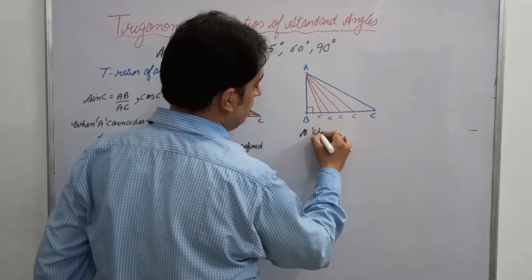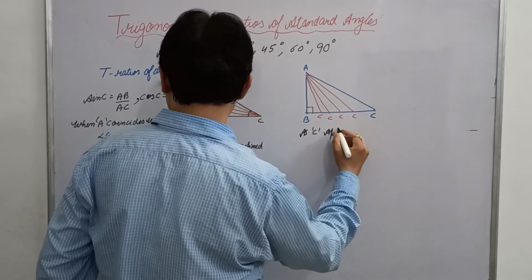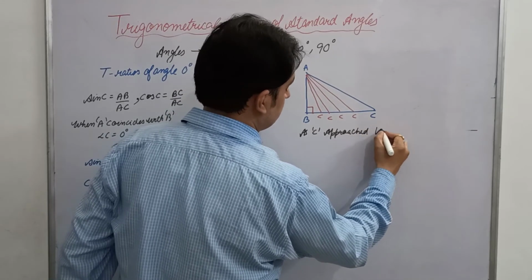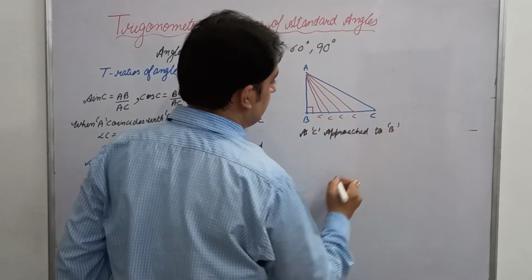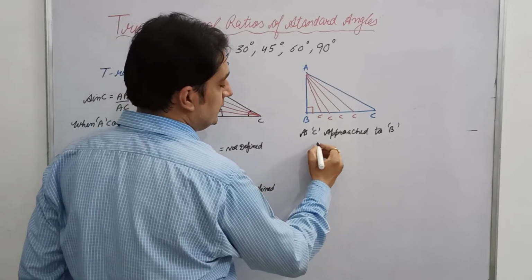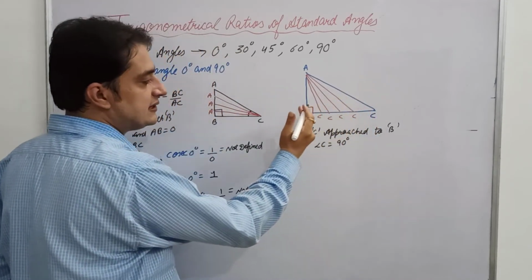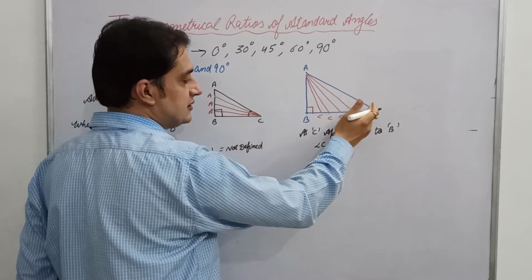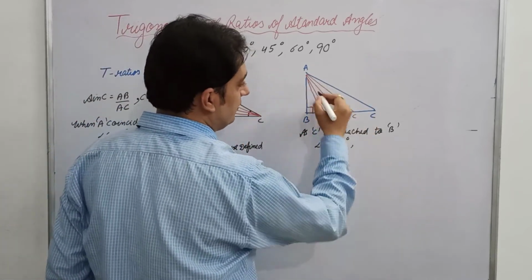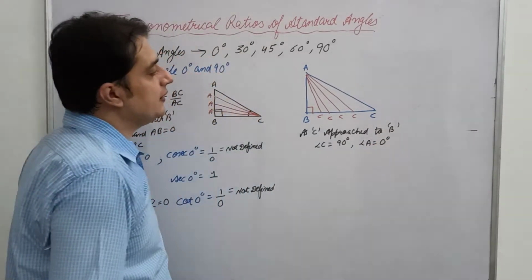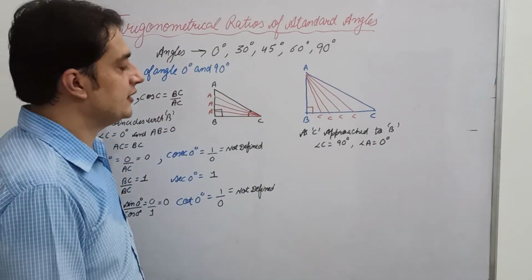So as C approaches B, at that time the angle C will become 90 degree because the angle starts increasing as C approaches B, and the value of angle A is 0 degree, right?